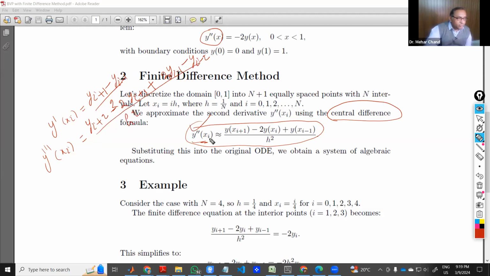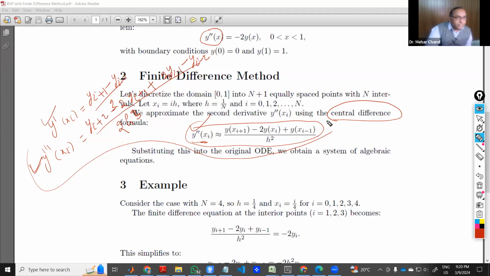So this is used for the second order, this is the first order, and this is the third order.